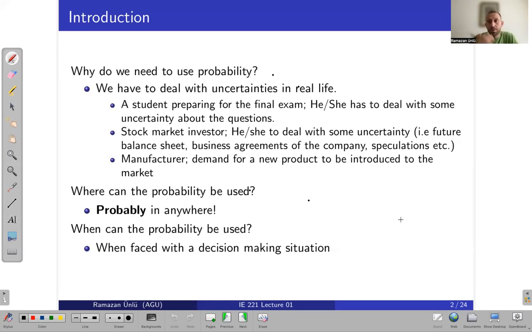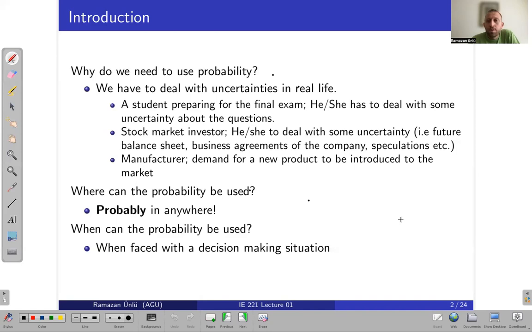So when can probability be used? Our answer will be the same, right? If there are some uncertain things, we are going to use probability, especially when faced with a decision-making situation, where you need to use some probability concepts, right?